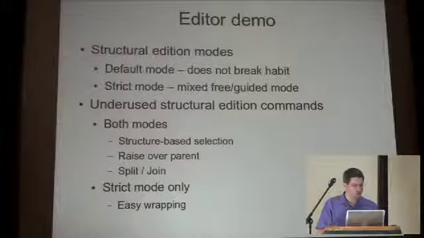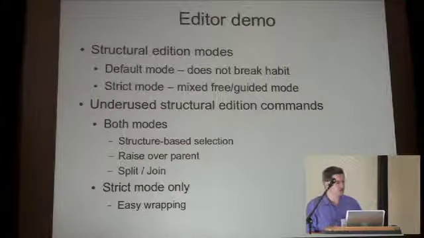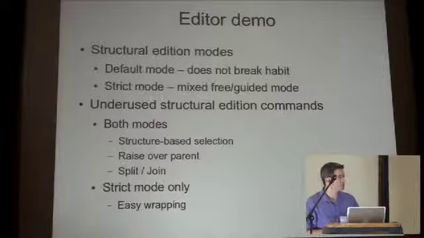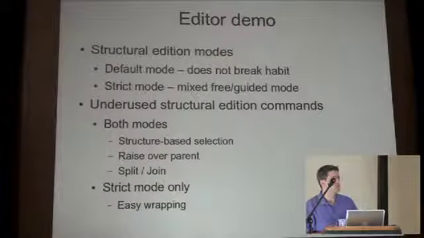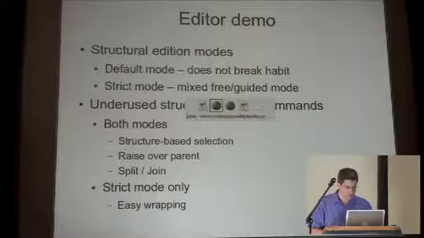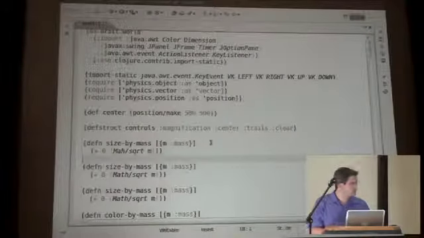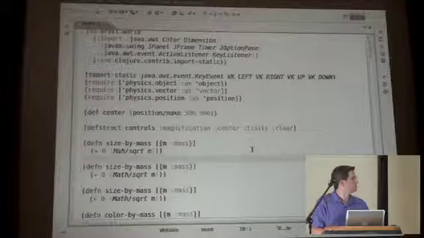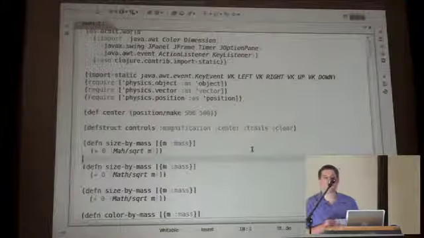And I now want to show you some underused structural edition commands from the Eclipse and CCW user base. So, in fact, even in the default mode, there are a lot of commands which will already work.